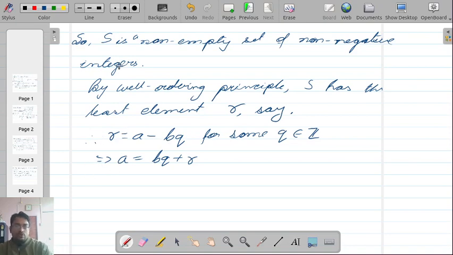So for that we have to first see if R can be greater than B or not. If R is greater than B, then what happens?